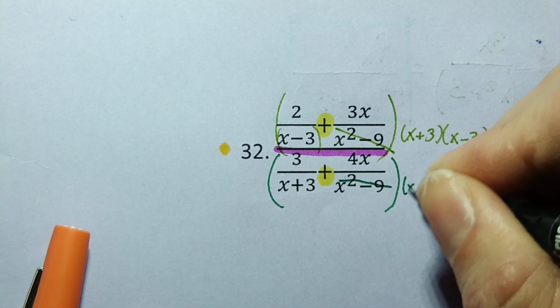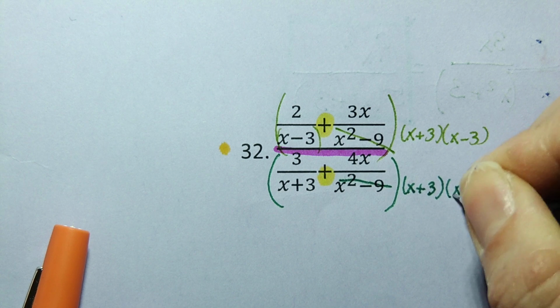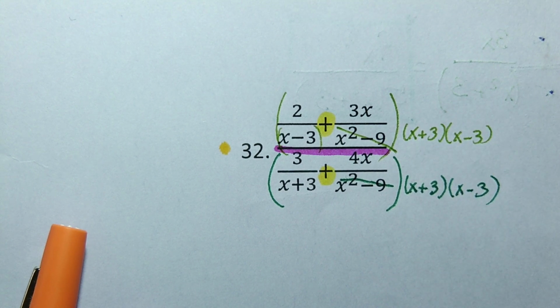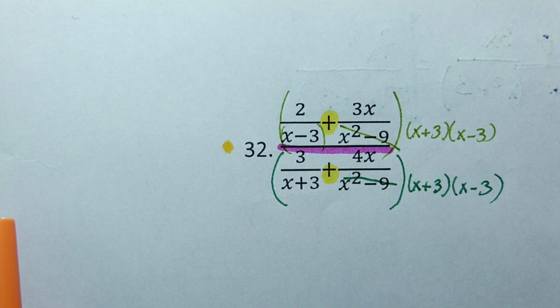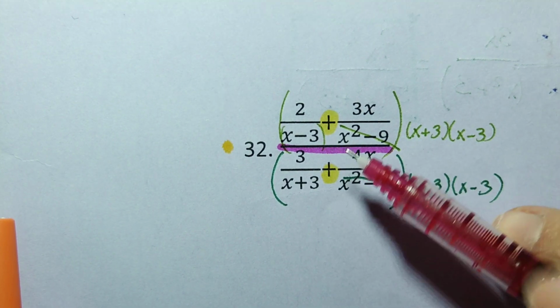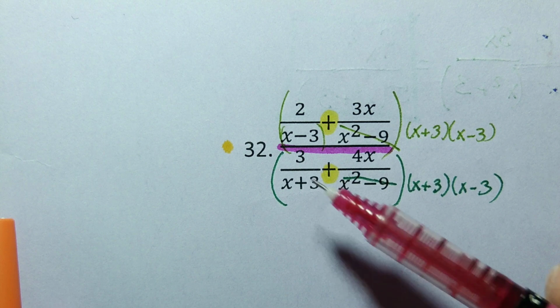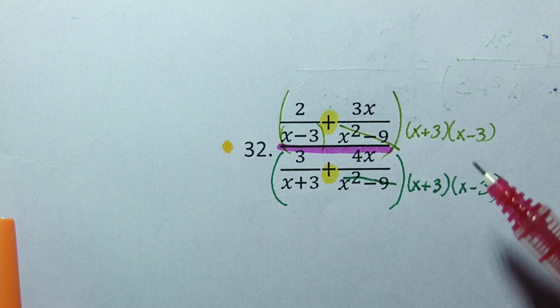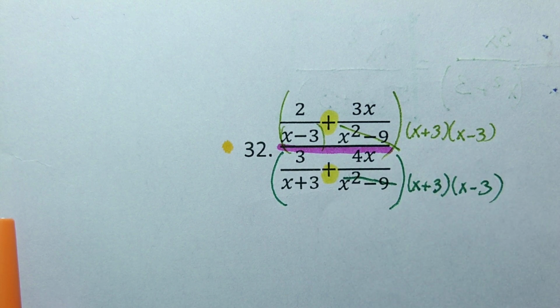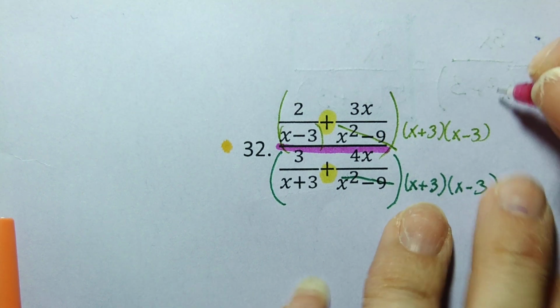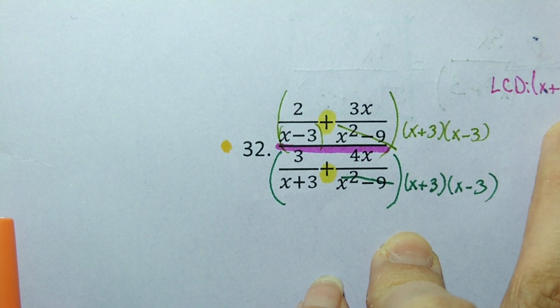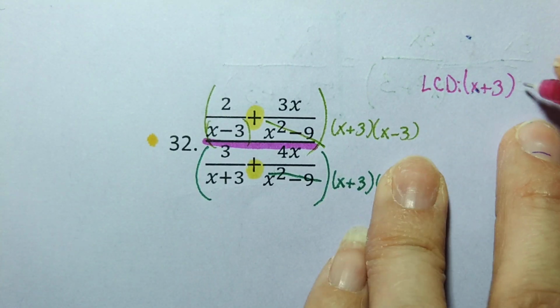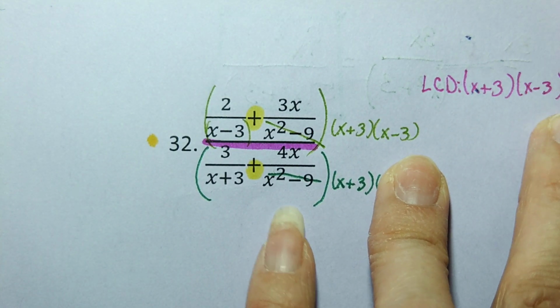So x plus 3, x minus 3. So when I go to find those LCDs of both the top and the bottom, the greatest amount of x minus 3's we have is 1 x minus 3. The greatest amount of x plus 3's we have is 1 x plus 3. So what's our LCD of both the top and the bottom? X plus 3, x minus 3, or x minus 3, x plus 3. Remember, the order does not matter.